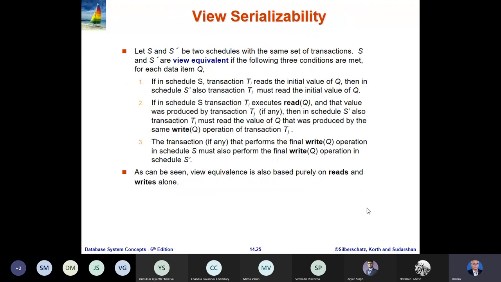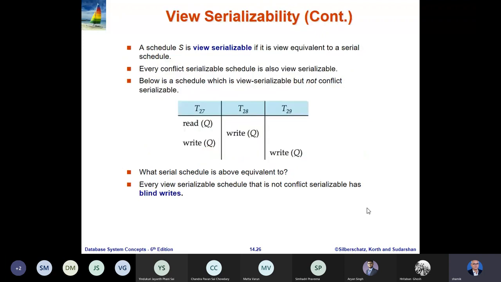Okay. But the final one: the transaction that performs the final write Q in S will also perform the final write Q in S prime. So here, who does the final write Q in S? It is T29, and if I have that serial schedule T27, T28, T29, T29 will have the write Q, so that also is satisfied.